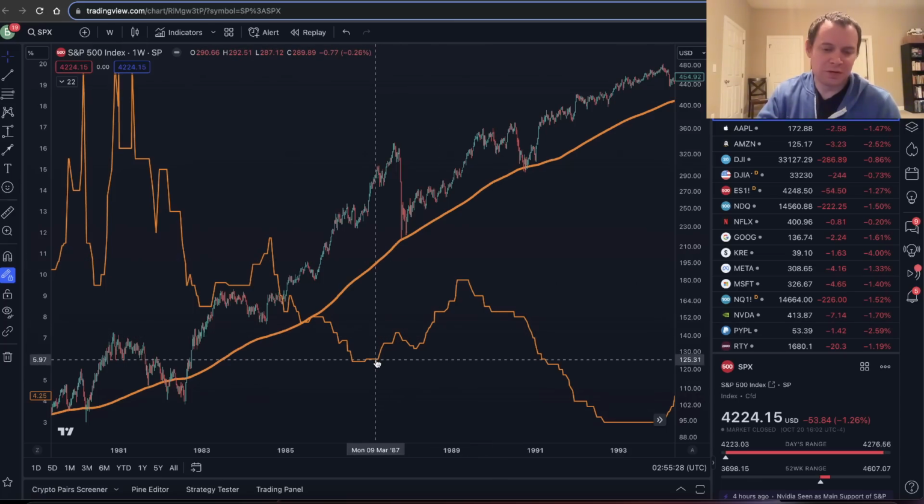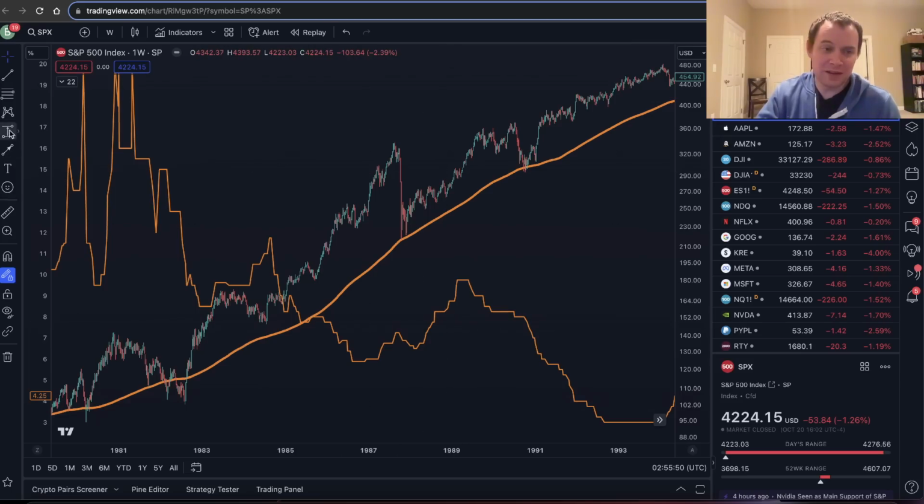The Fed was raising rates. It started off at 6%, and they were raising rates, and then they got to about 7.25. The minute the S&P did this, you better believe they started cutting rates, right? They cut them back to 6.5, taking off almost 75 basis points, right when it dropped.